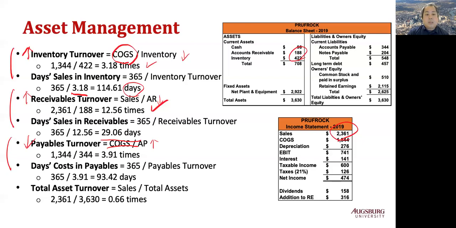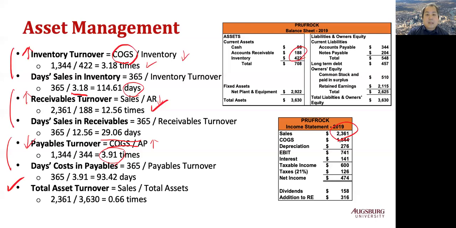So days cost in payable is the number of days the company holds a payable, 365 divided by payable turnover. So 365 divided by 3.91, which is payable turnover, 93.42 days. So this company takes 93.42 days on average to pay their payables from purchasing inventory.